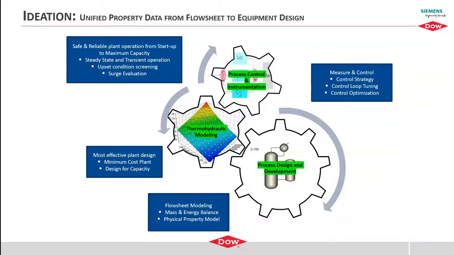However, when it comes to equipment design, especially thermohydraulic equipment, this integration is a bit lacking. Whenever you design a pump or compressor, or model a complex fluid circuit, this integration is typically not as good as in the step before. So if you do not have proper physical property data in place, this process can be critical.